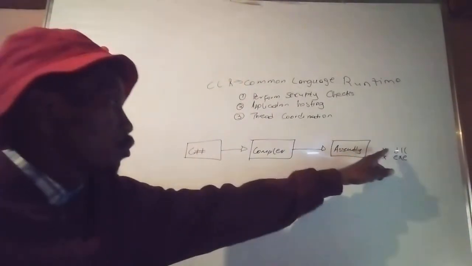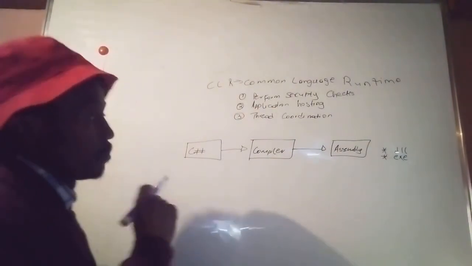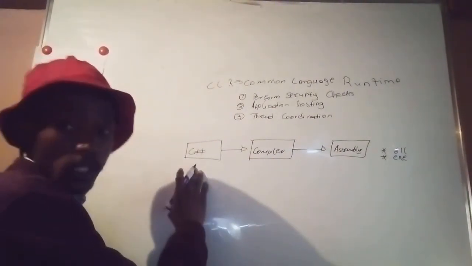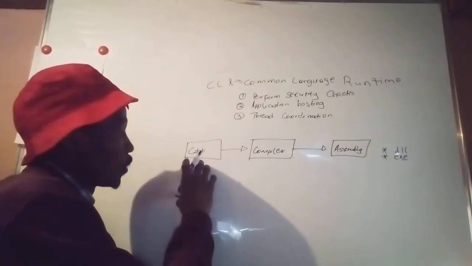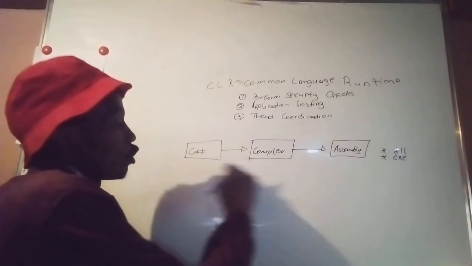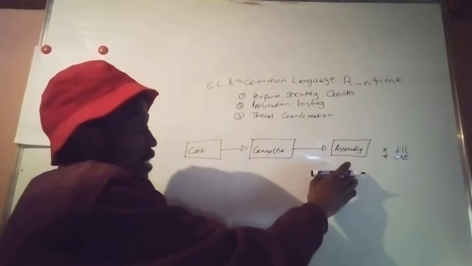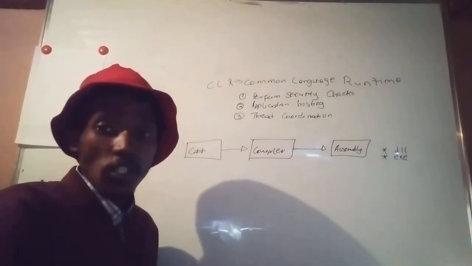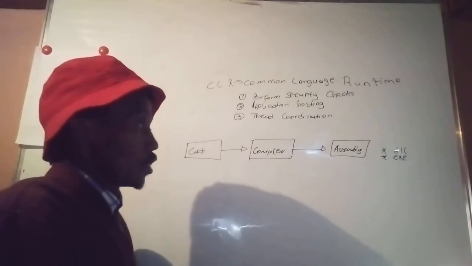So we're not going to go into details with this type of application. But basically, you write your code using any of the text editors, following the syntax of the language that you will be using, and then your code is compiled to produce an assembly. And we say an assembly is a file that will take any of these file extensions, depending on the type of application that you will be writing.